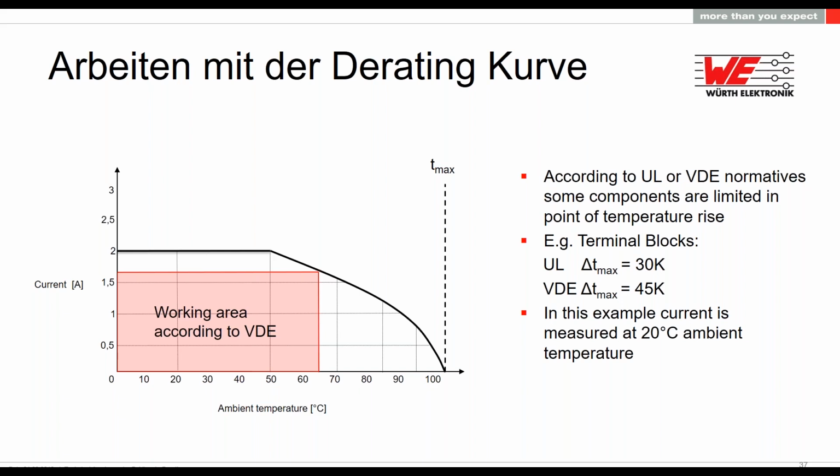So 20 plus 45. And at that temperature, we are allowed to apply about 1.6 amp. So we cannot apply the full 2 amps to this part. Otherwise, we would have more self-heating than we would like. For UL, it would be a little bit different, of course, as the delta that is allowed is different.